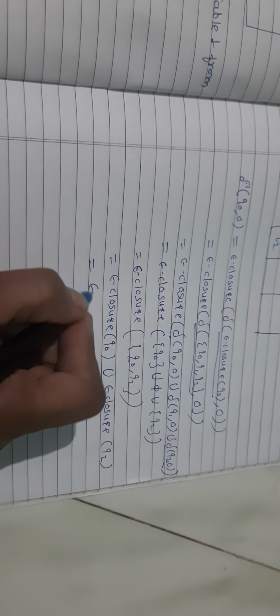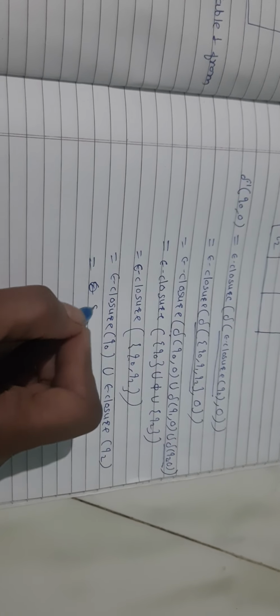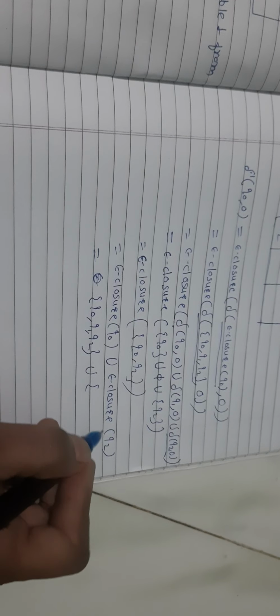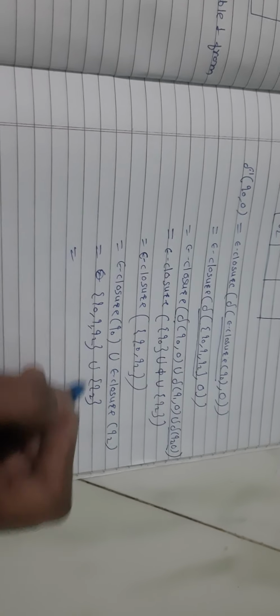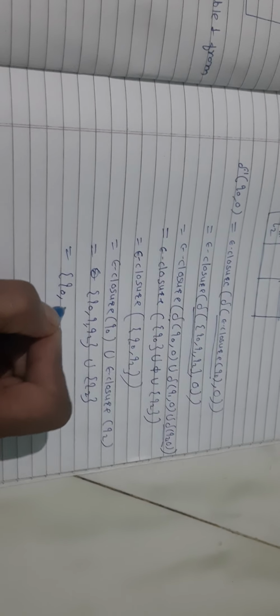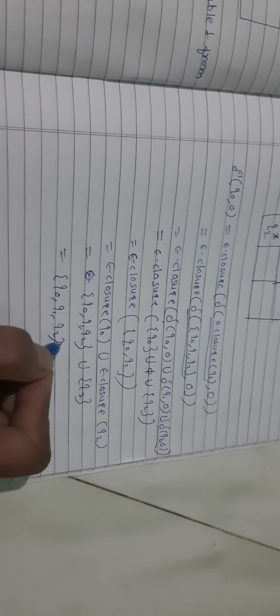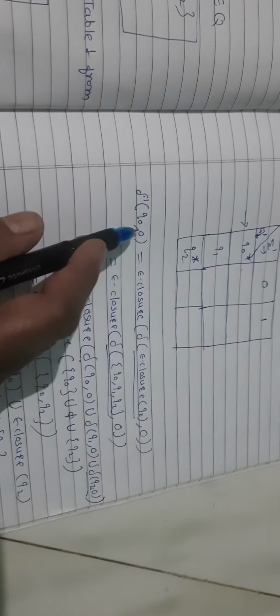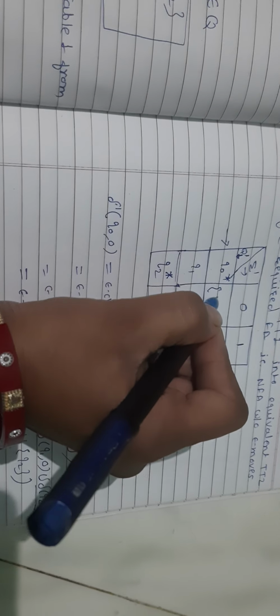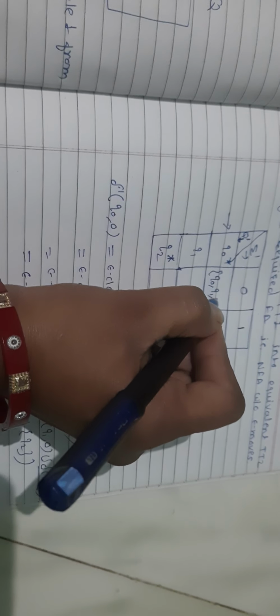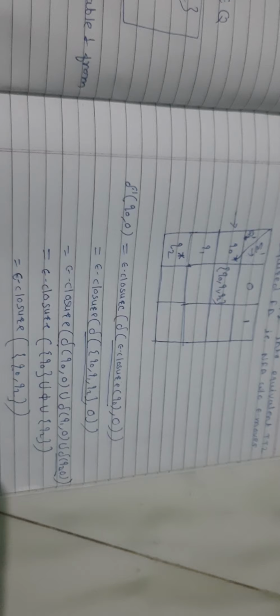The epsilon closure of Q0 is Q0, Q1, Q2, union epsilon closure of Q2, which is only Q2. Get the union of this one, it gives Q0, Q1, Q2. So this is nothing but the value of delta dash Q0 0. So put that value here, Q0, Q1, Q2.